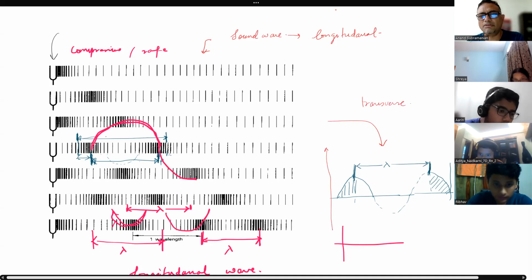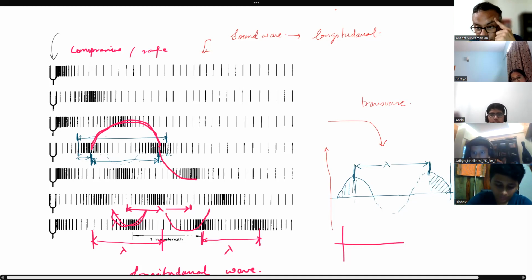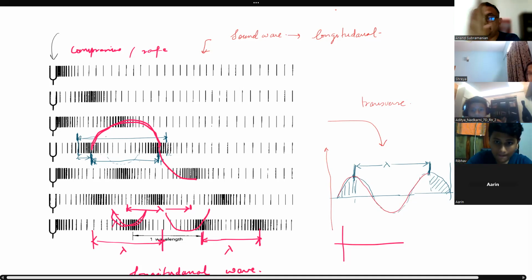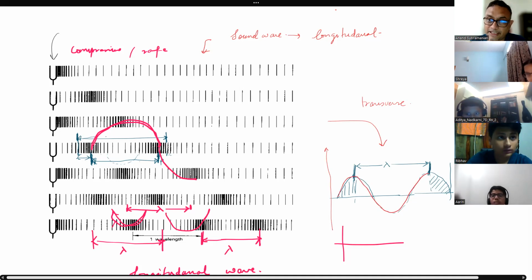But sir, sound waves move horizontally and the wave is also in the same direction. Just now you told them transverse waves. How can you depict them like a transverse wave? That doubt will come, isn't it? Because whenever you see this, this is actually for water particles, the way the wave travels. The reason we are doing it is that it is easy to visualize.